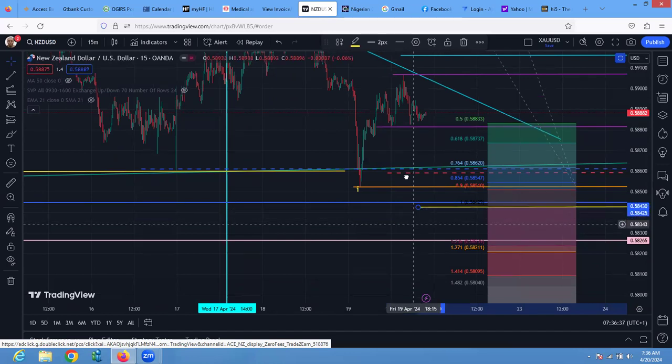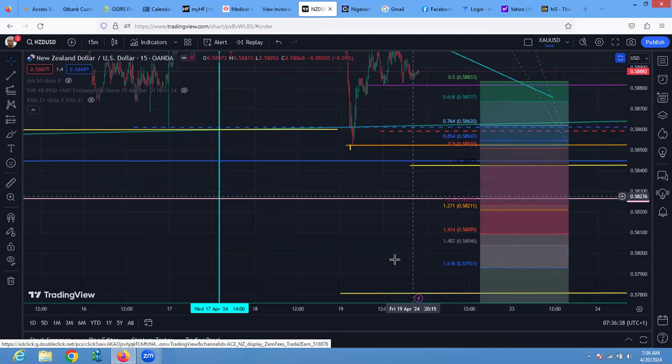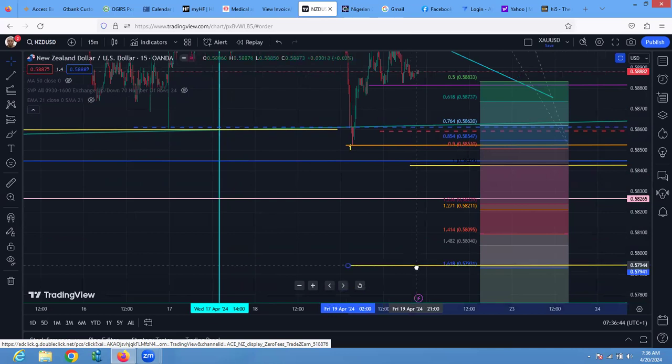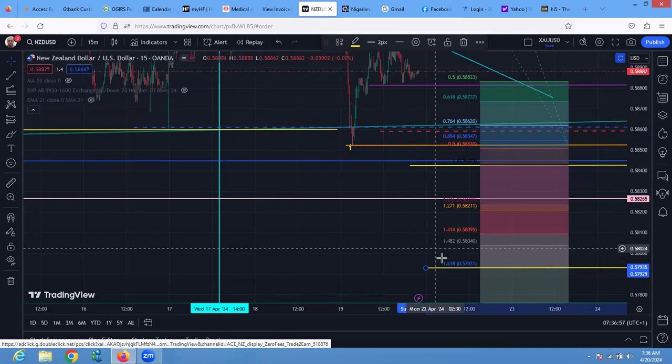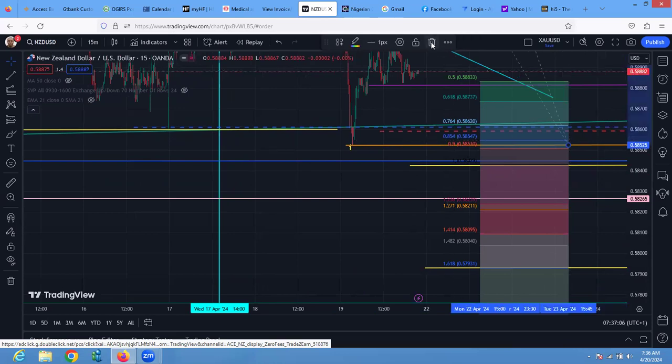And our 161.8 is going to be here before we break the low, which I might not expect price to do. Whatever it is, this might be the last area you will expect your price to come to. And from the recent low, that also is still a bit big.